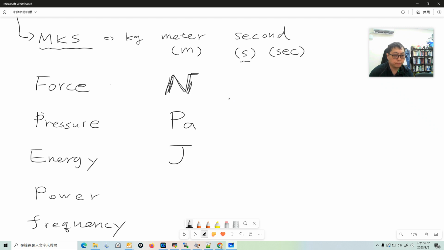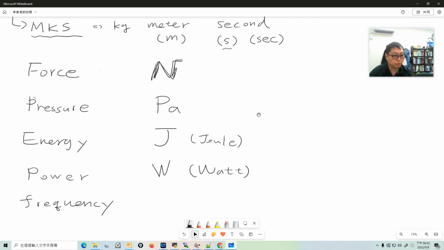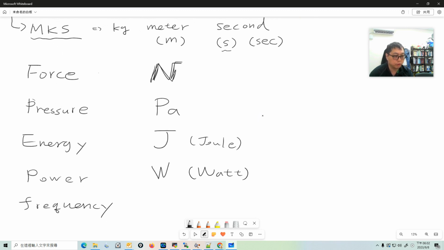The unit of power is watt. And for frequency, we like to use the unit called hertz, Hz. I hope my pronunciation is right.